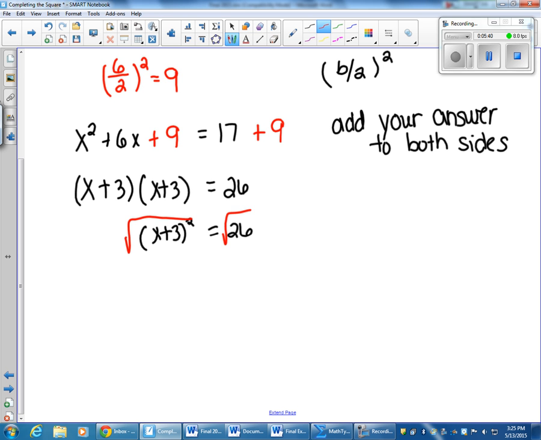Remember that when you're solving, you get both a positive and negative root. So the square root of something squared is just the something. And on the other side, we have plus or minus the square root of 26. Now we're going to get x alone, so we're going to subtract the 3.